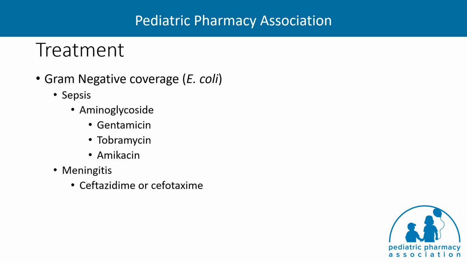In situations where meningitis is of concern, a third-generation cephalosporin should be used instead of an aminoglycoside to ensure adequate penetration into the CNS. Historically, cefotaxime has been recommended and is the most studied third-generation cephalosporin. However, due to this no longer being readily available, the AAP has recommended ceftazidime as an alternative.